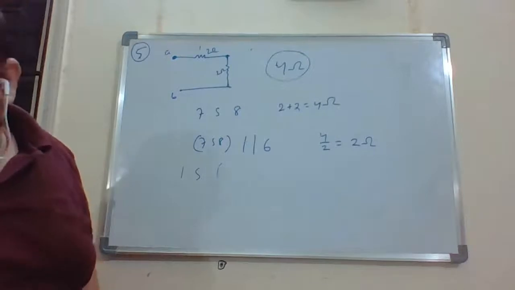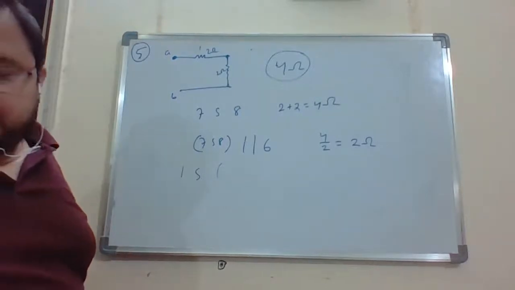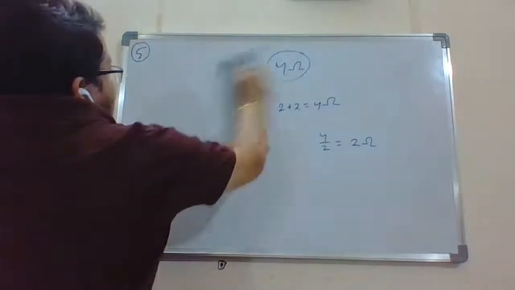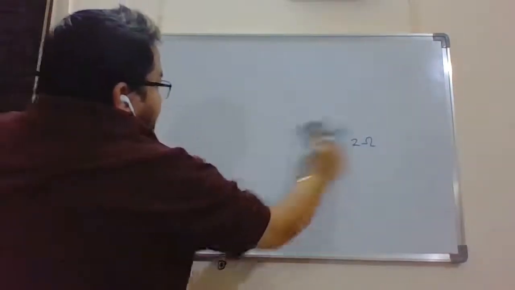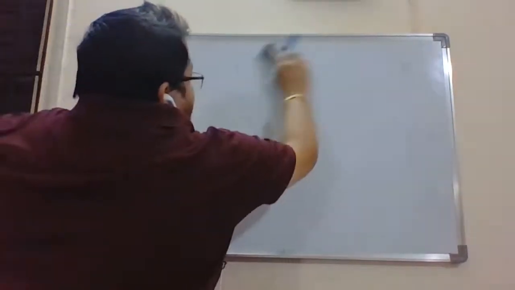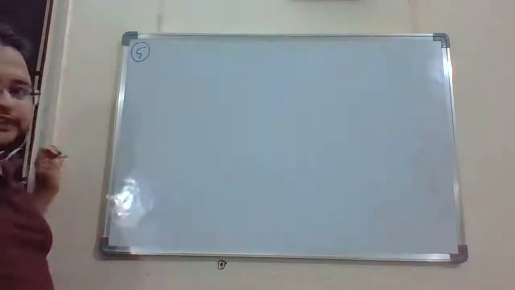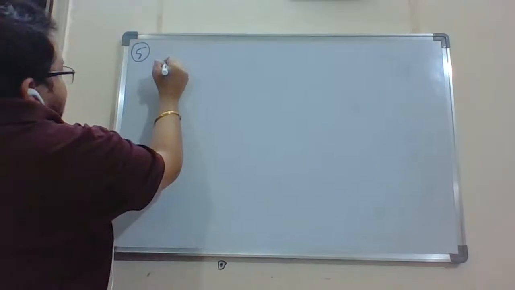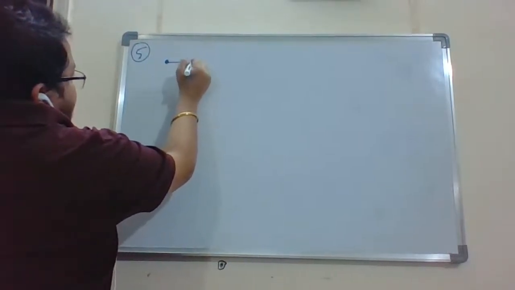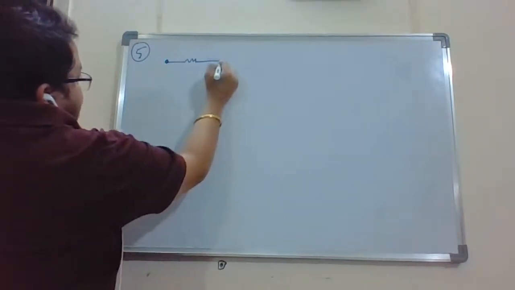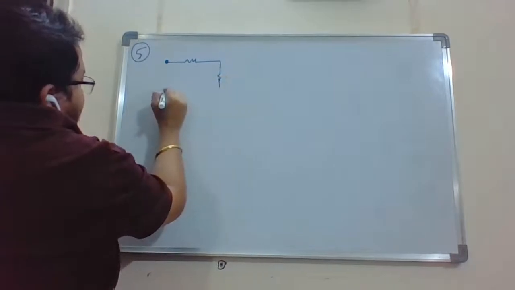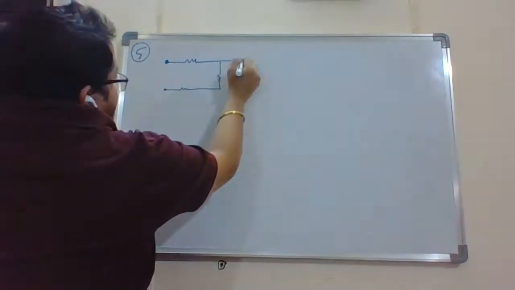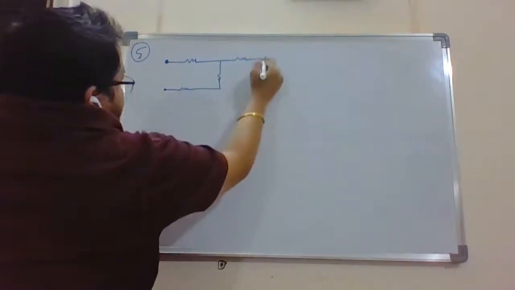Okay? So let us do one more small ladder practice problem, and this one I would just do a little faster than the previous one. Okay, so in this ladder problem, I have one resistor like this, and in this leg also let me put a resistor. Earlier this leg was empty.